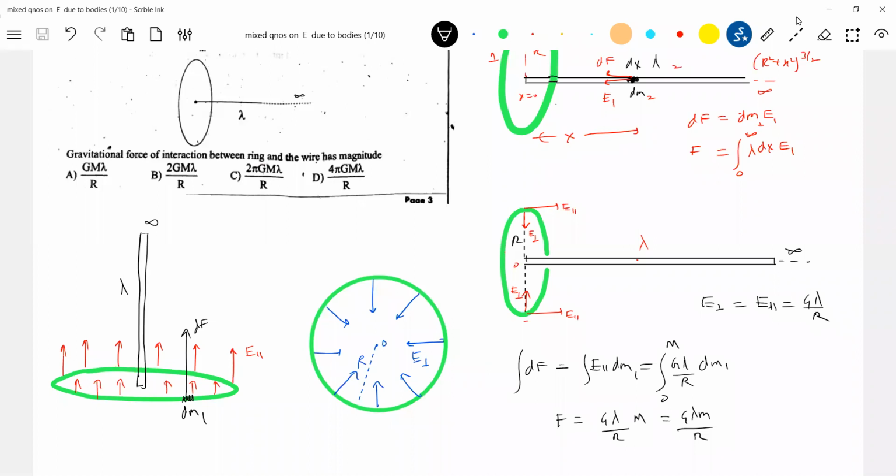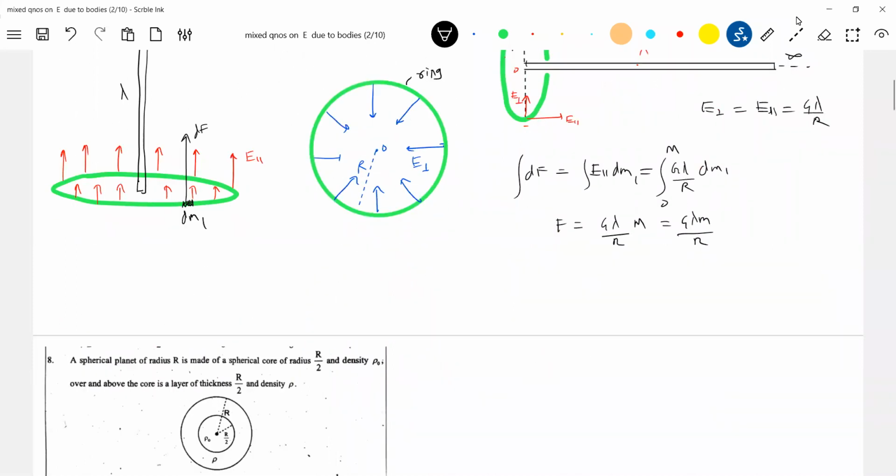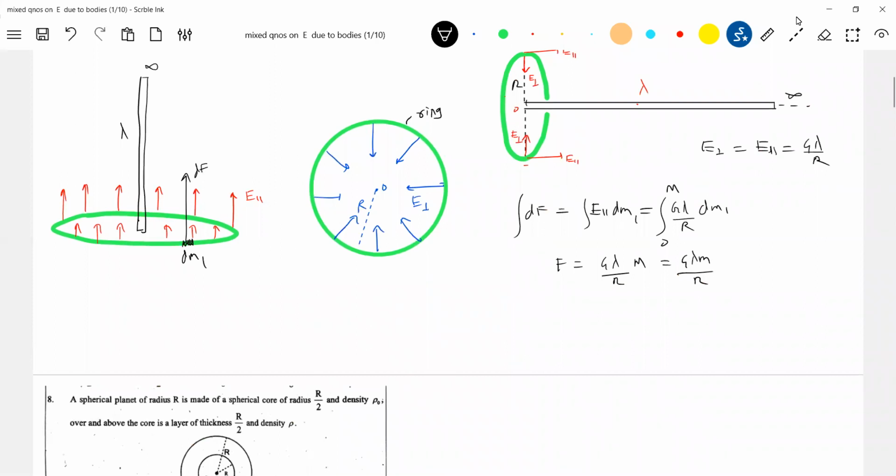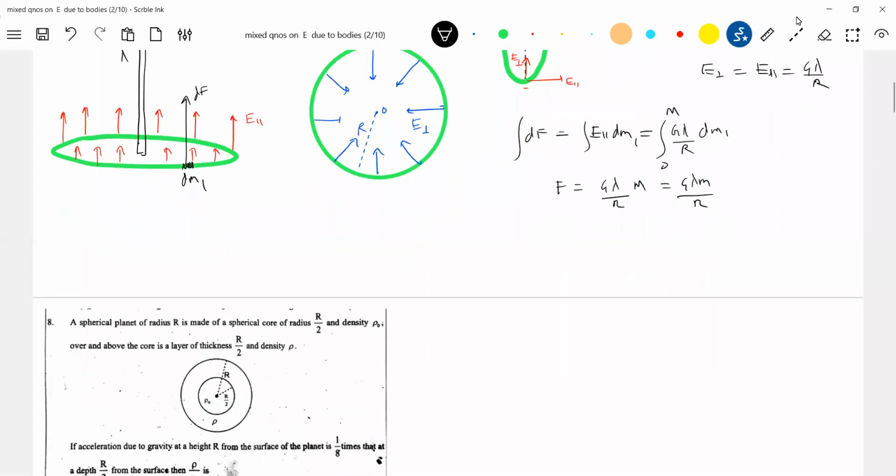Just see once. I'll scroll down. Now, small objective. Suppose if it is a ring like this, and if this is a rod, are you trying to see the rod passing through the ring along the axis?